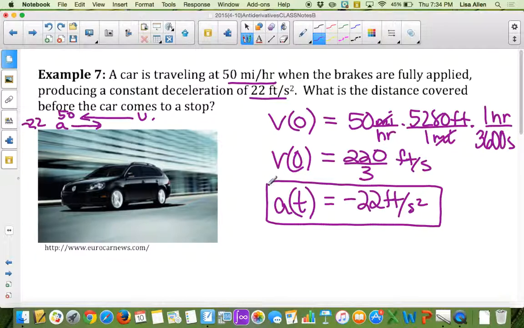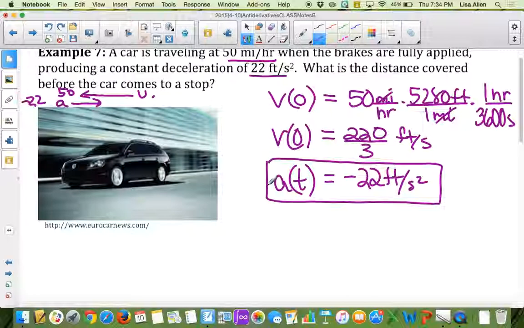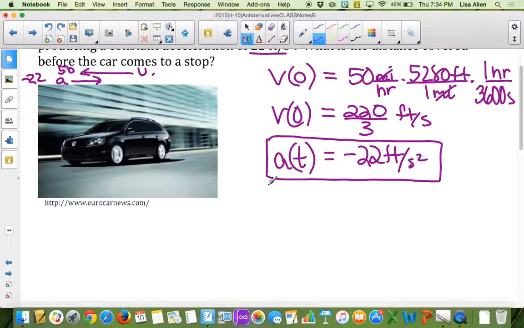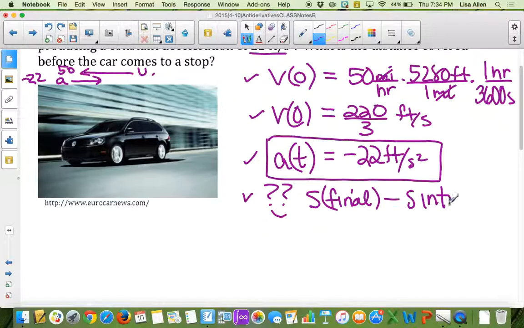Then the problem says, what is the distance covered? This is kind of my list of stuff as I start a problem. We are looking for s final minus s initial. In other words, how far have you gone?